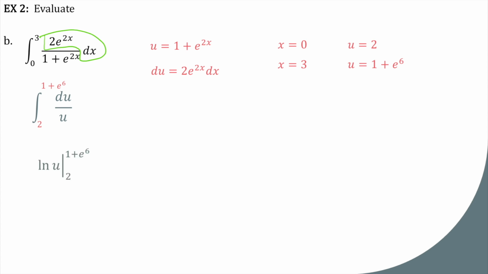Then we take the antiderivative. So we get the ln of u, I think I should have absolute value brackets there, evaluated from 2 to 1 plus e to the 6th. And plug those in. F of b minus f of a.